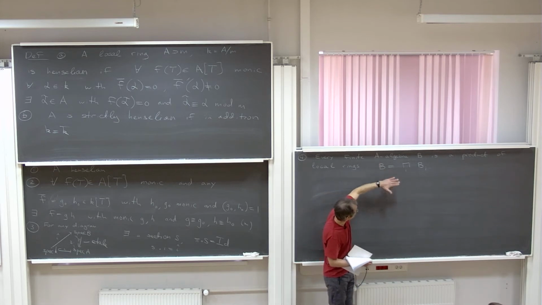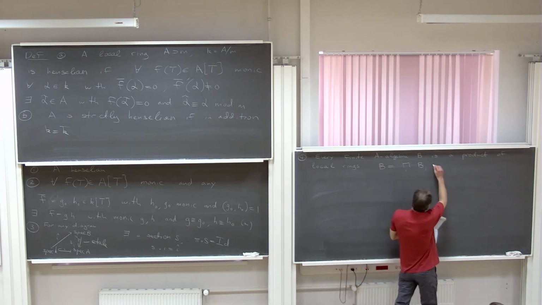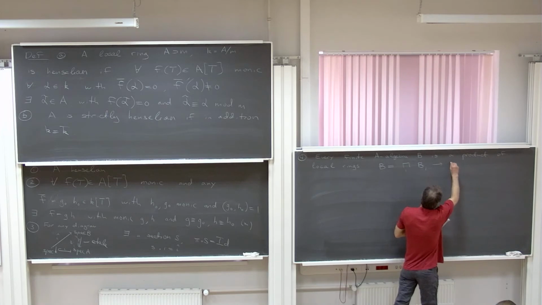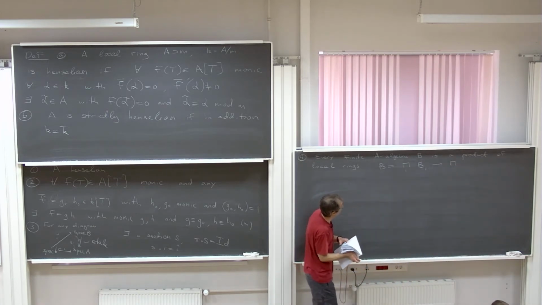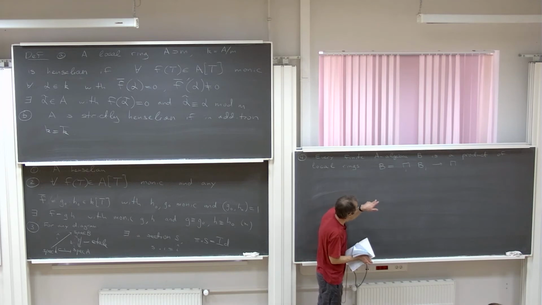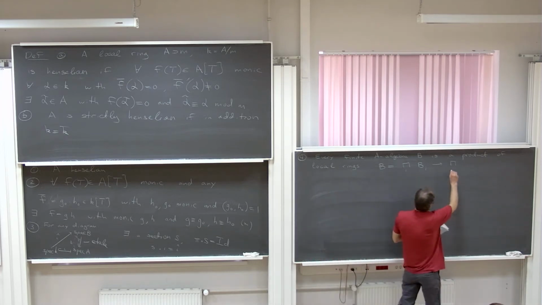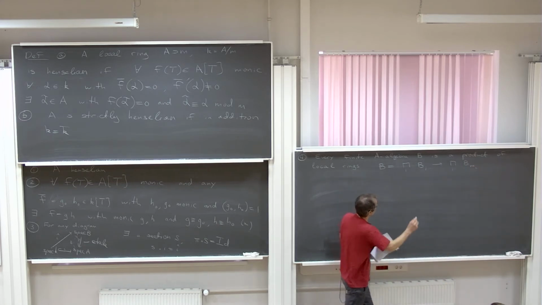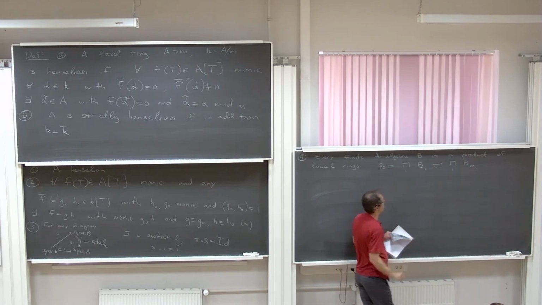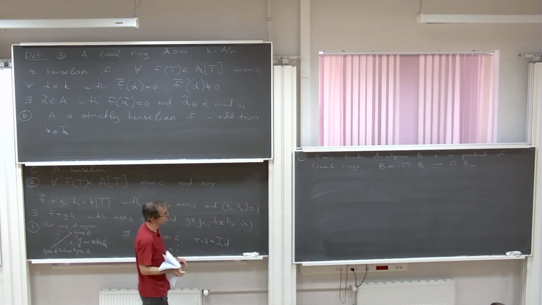So this condition is equivalent to saying that the canonical map from B to the product of localizations with respect to maximal ideals is an isomorphism. Okay?